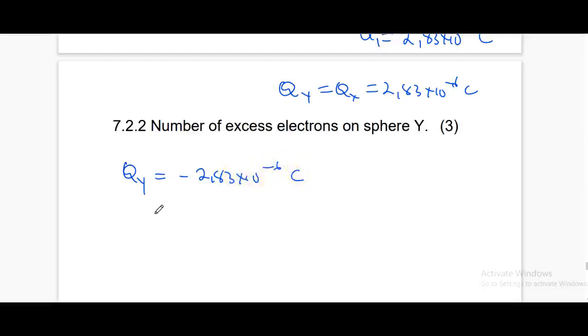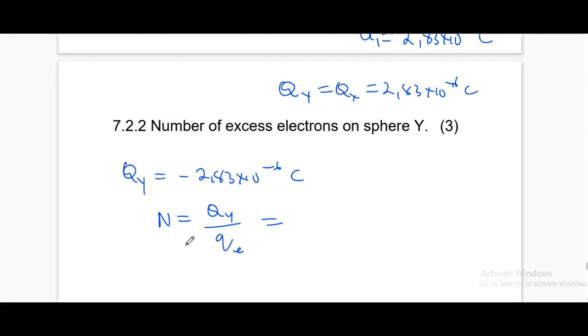To know how many electrons are in excess, we use n equals Qy over Qe. This is the principle of quantization of charge. I just made n the subject of the formula.